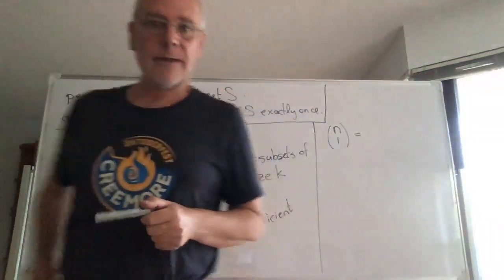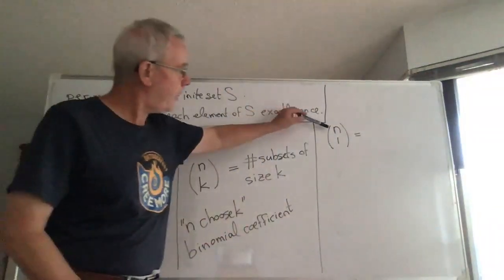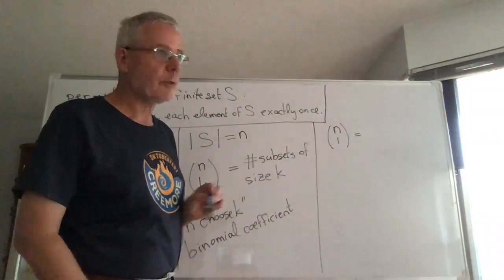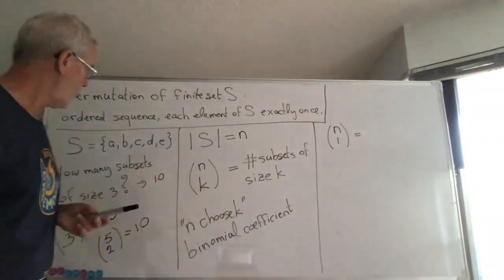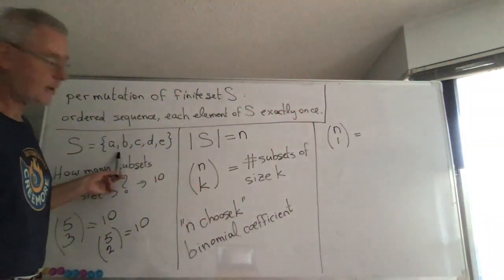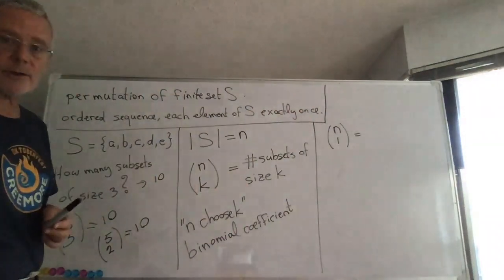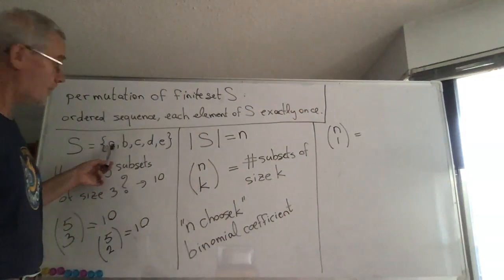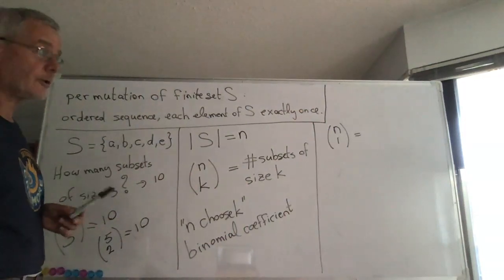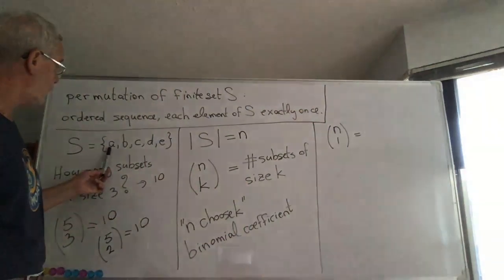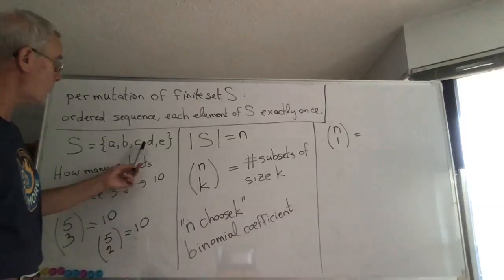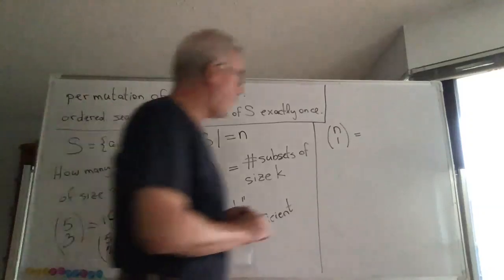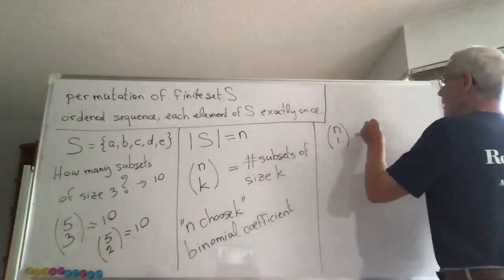We have a set of size n, and we want to choose a subset of size 1. In this case, the set has size 5, and how many subsets are there of size 1? And the answer, of course, in this case is 5. Right? A subset of size 1, either you pick A, or B, or C, or D, or E. And in general, n choose 1 is equal to n.